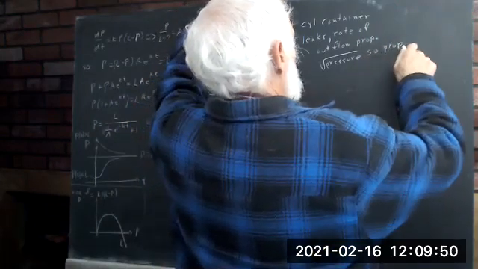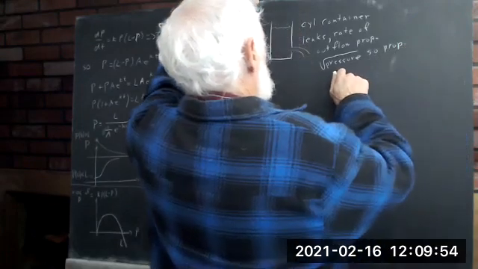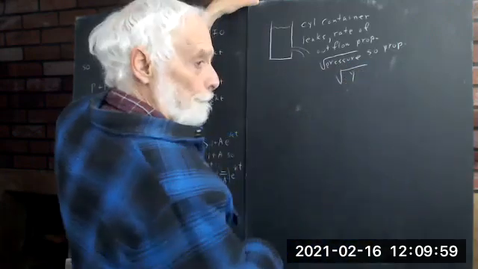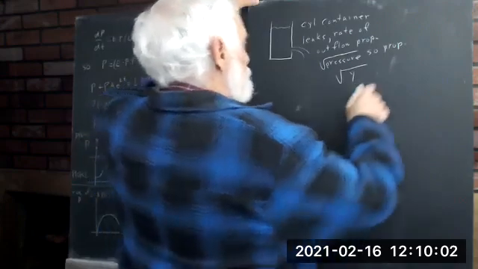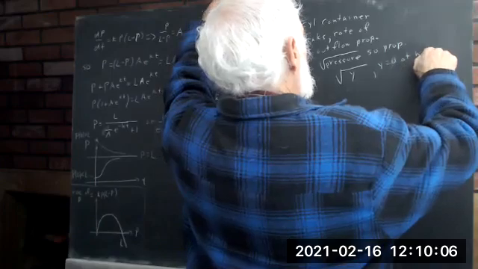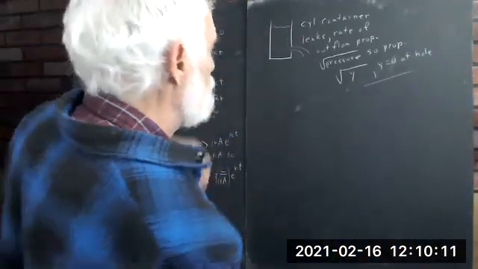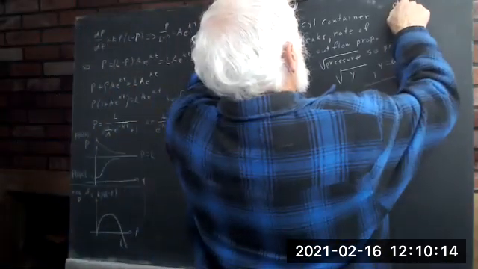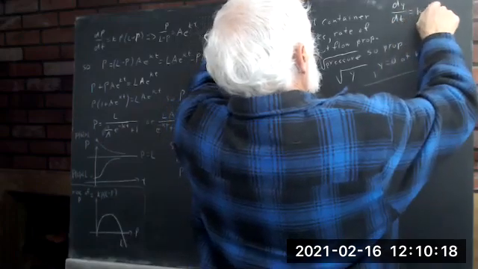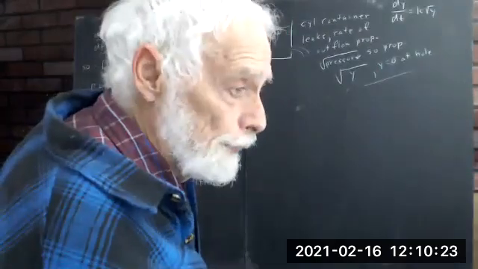So it's proportional to the square root of y, where y equals 0 at the hole. So you have dy/dt equals k times the square root of y.